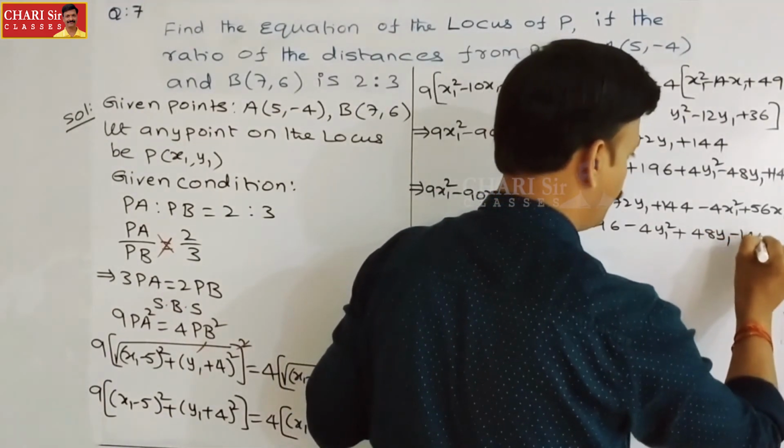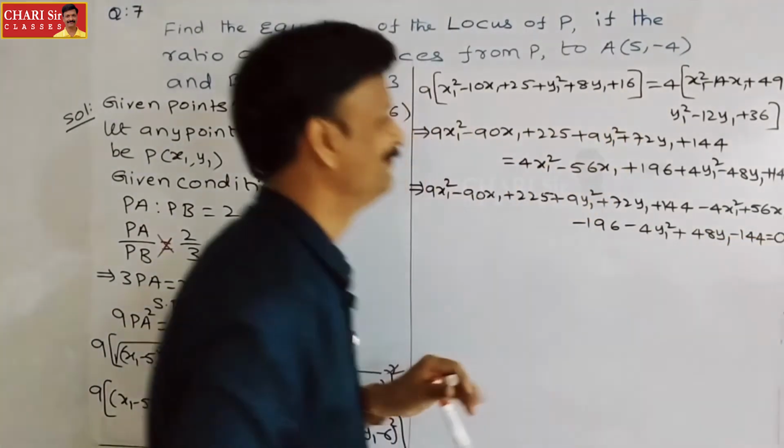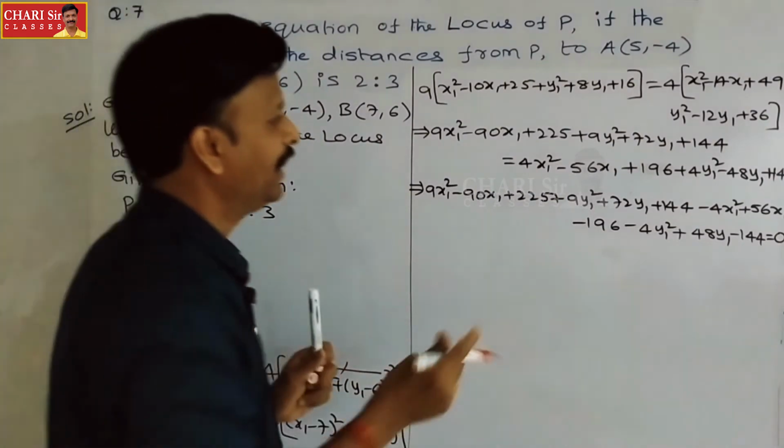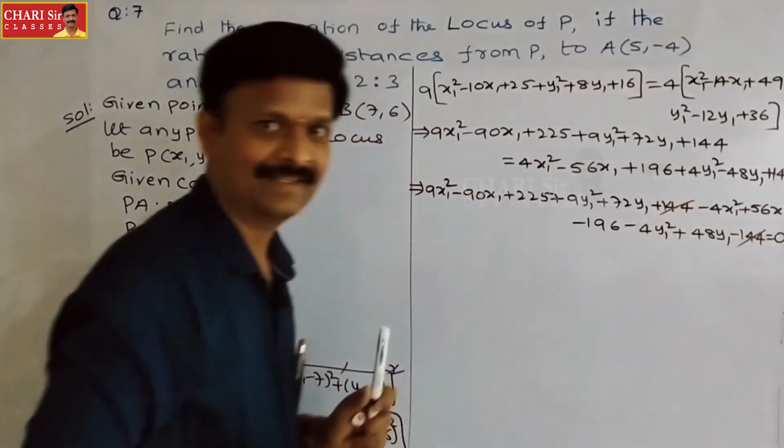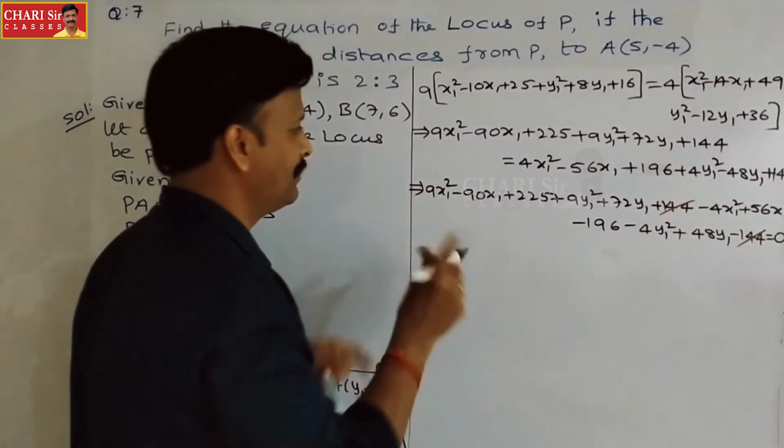Minus 144 is equal to 0. Now you can see here positive 144, negative 144, these two will get cancelled. Now the remaining terms will simplify.